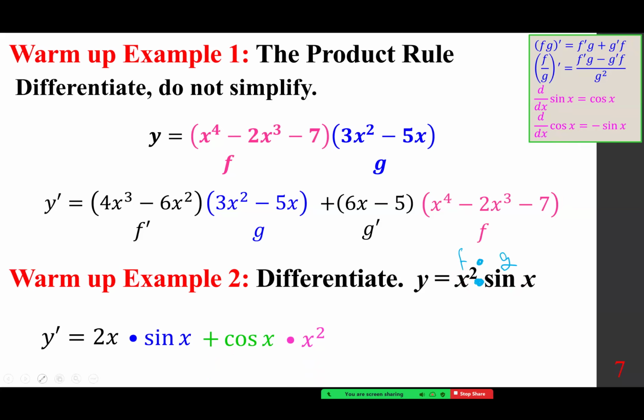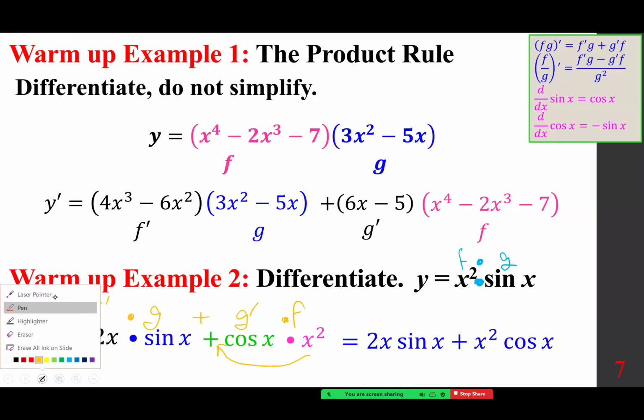I'm going to write at the top of them that this is f prime g, this is g prime f. And we just rewrite it. Rewriting meaning this has to come in front, because we don't want anybody to be under the assumption this means cosine of x cubed, because I've seen that happen, and that is wrong.